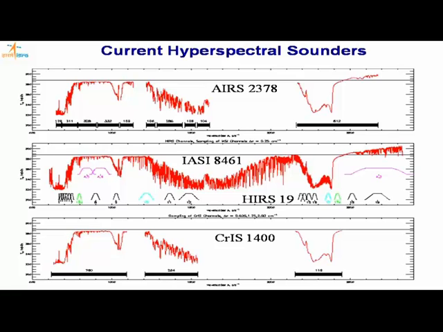You can see here that in AIRS and CrIS we have no data in most of the regions. The hyperspectral sounder is making observations only in a few regions, because the aim of AIRS and CrIS is to make observations of temperature and humidity profiles only. So we have this band for temperature profile, we have this band for humidity profile, this one for ozone, and this one also for temperature profile.